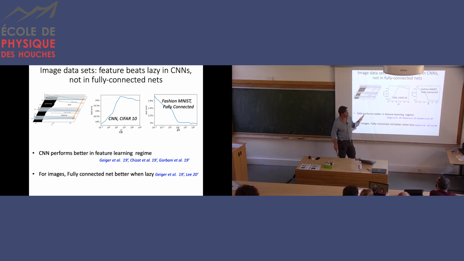For practical implications, we don't need to care about that because fully connected nets are very poor networks. But it's interesting from the conceptual viewpoint because many of the theories that seek to understand the benefits of learning features look at fully connected nets because they are easier to think of. For some data it may be a good viewpoint, but for images it's debatable that it's a good starting point, because this is not empirically found.